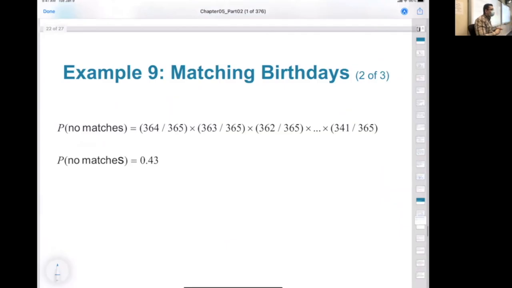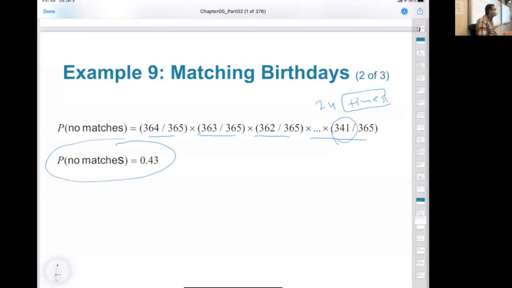So the probability of no matches will be like this. You will go here 24 times, and you will stop at 341. So this is the probability of no matches.